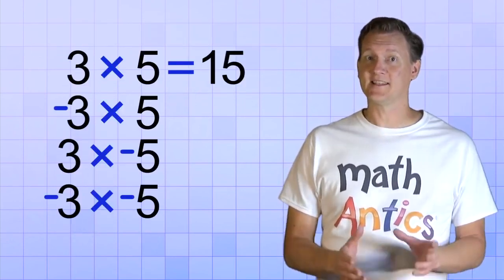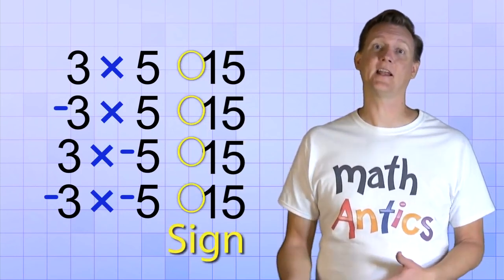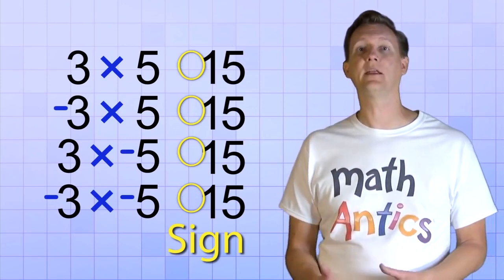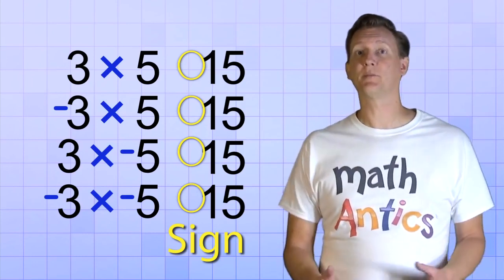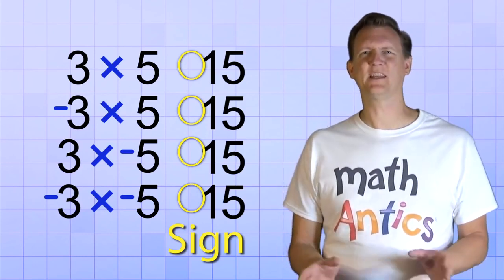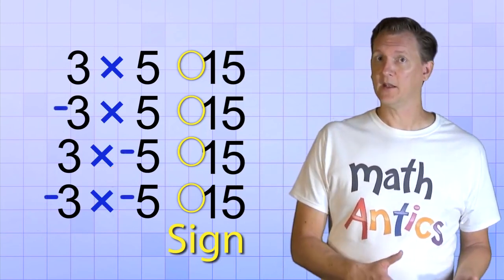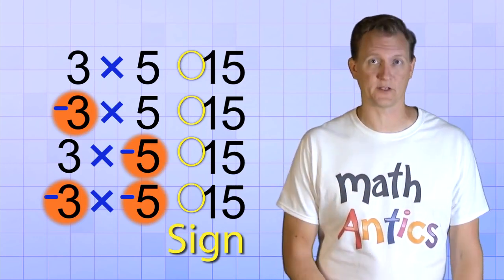That's because we're going to get the same number for the answer for all 4 problems. It's just that the sign of the answer, whether it's positive or negative, will be different depending on how many negative factors we're multiplying. Basically, when doing integer multiplication and division, you can just pretend that the negatives aren't there while you multiply or divide. And then, you count up how many negative factors you have to figure out the sign of the answer.